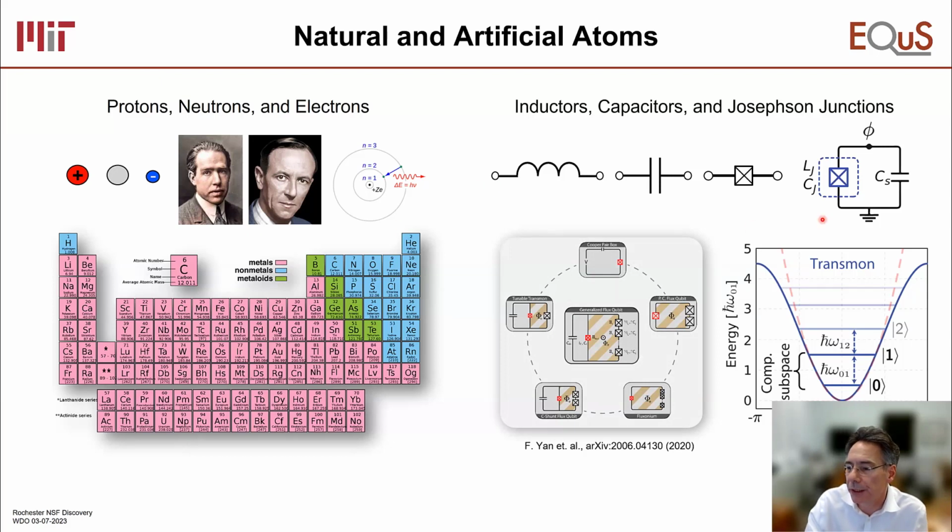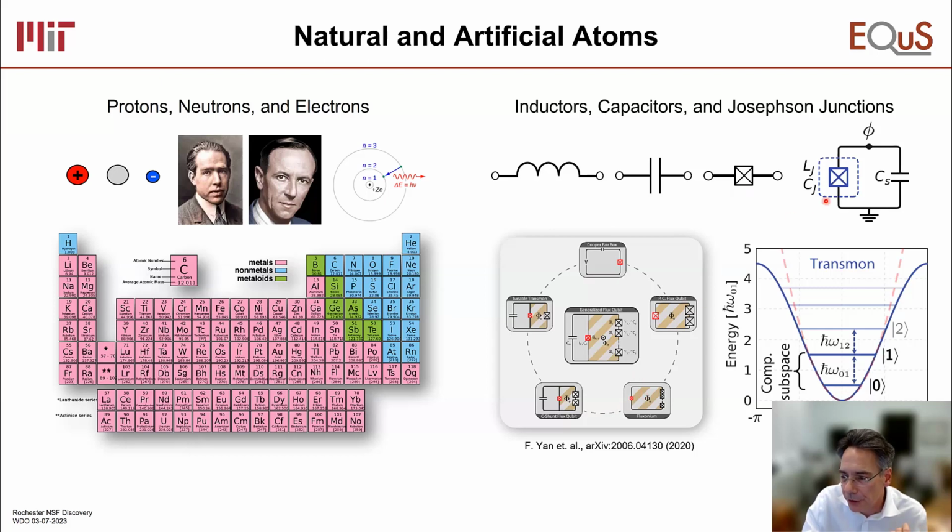The simplest one you can think of as an LC circuit, a Josephson junction and a capacitor in parallel, and it forms a quantum circuit if you cool it down to low enough temperatures. We'll talk about that in a moment. But you can identify the lowest 2 levels as a 0 and a 1, and you go forward with this circuit.